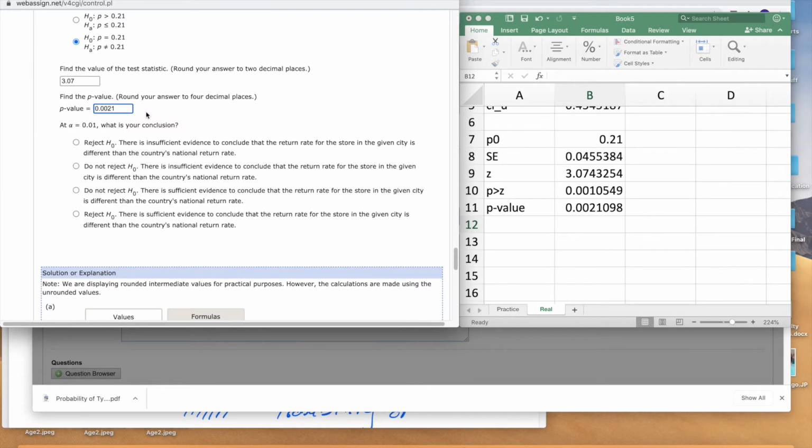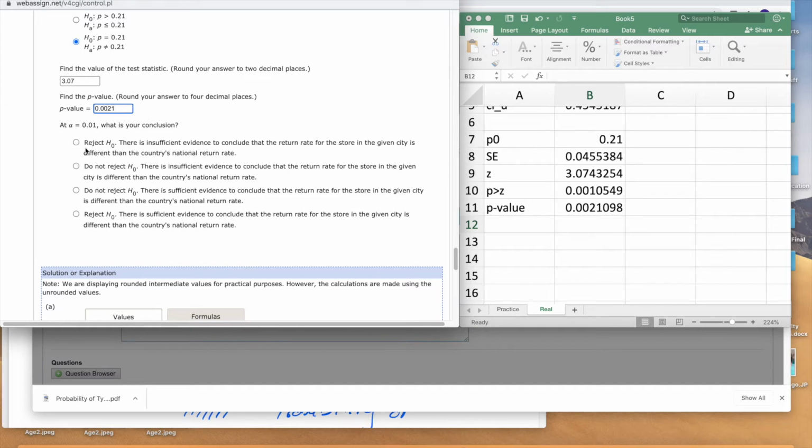The probability of observing a 35% item return rate, if the true item return rate is 21%, is only 0.2%, very low. So I say this evidence that I've gathered is inconsistent with this store having a return rate of 21%. So I will reject that idea.